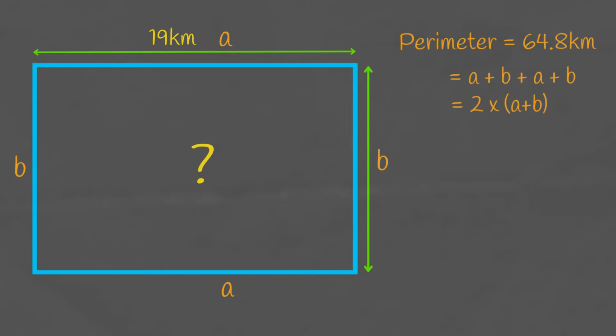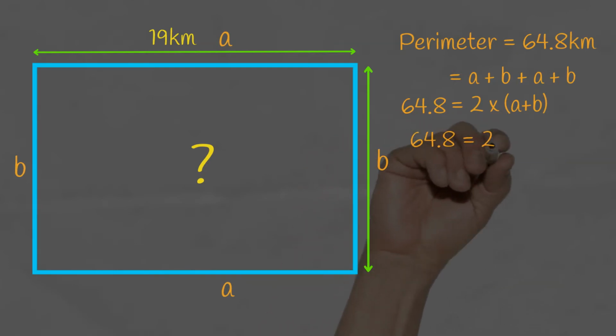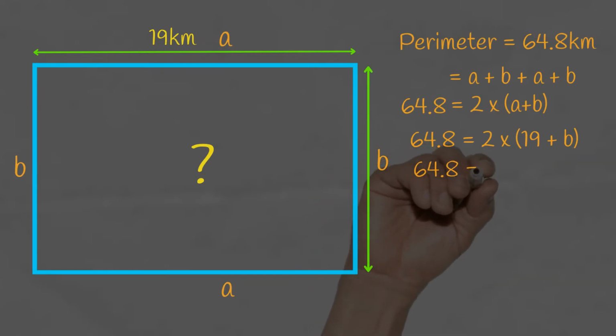Well, we know the perimeter is 64.8, so we have 64.8 is equal to 2 times A plus B, but we also know A is 19, so we have 64.8 is equal to 2 times 19 plus B. Now if we times the bracket out, we have 2 times 19, which is 38, and 2 times B, which is 2B, so we now have 64.8 is equal to 38 plus 2B.